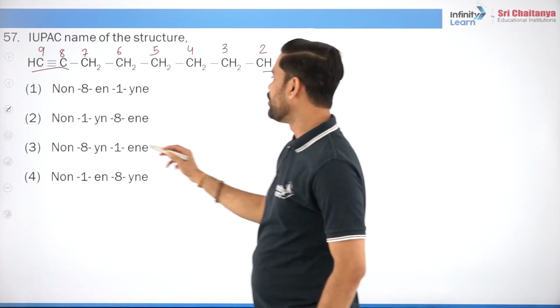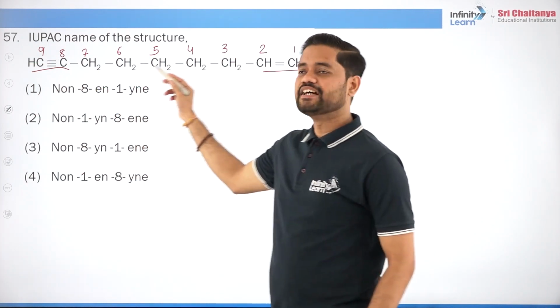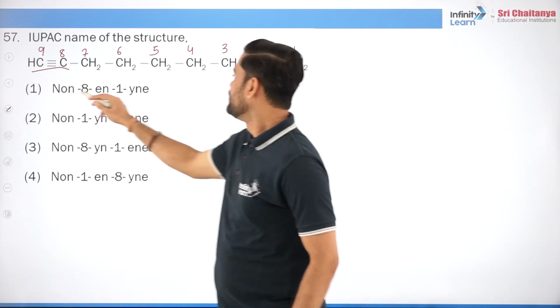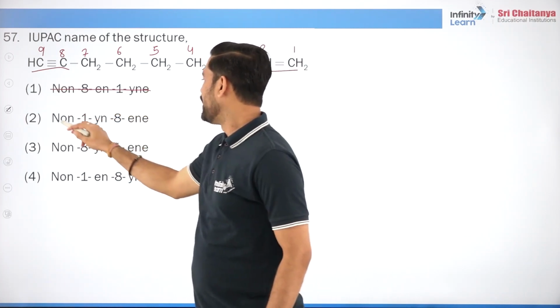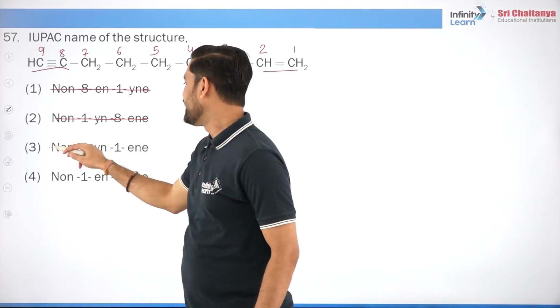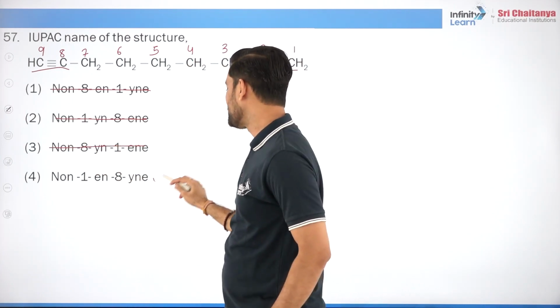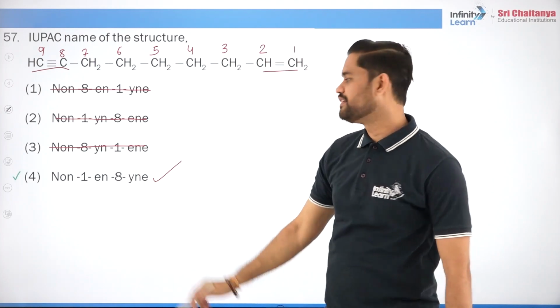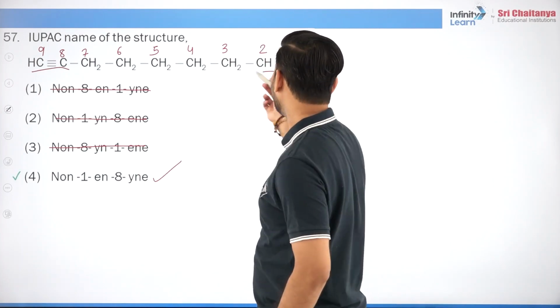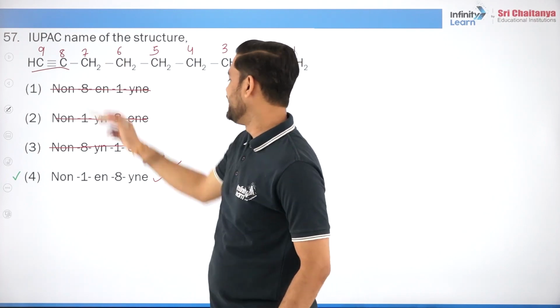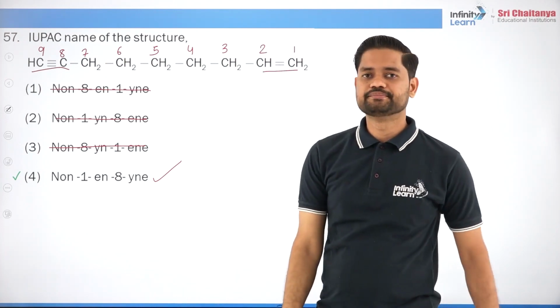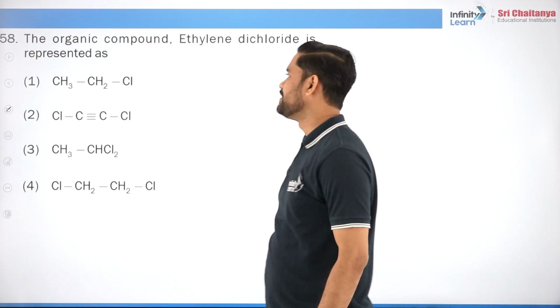So 9 is non, so we have non. Then ene comes first, so non-1-ene. So this is not the option. 1-yne is not the option. 8-yne is not the option. The only place where non-1-ene is there is option number 4. So the 57 right answer is option number 4, and the entire name will be non-1-en-8-yne. Got it? Clear? Perfect. Let's proceed further.